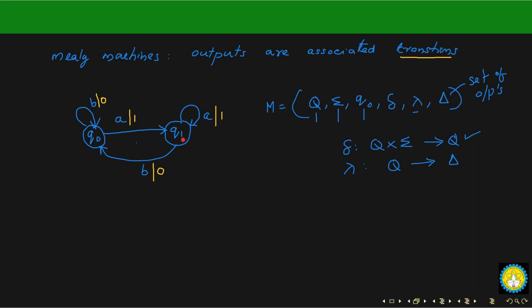And if you're getting a B from Q1, you're generating an output of 0. So we can easily correlate this with the same example that we discussed while we designed Moore machines. This is a machine which is going to count the number of A's in the given string.